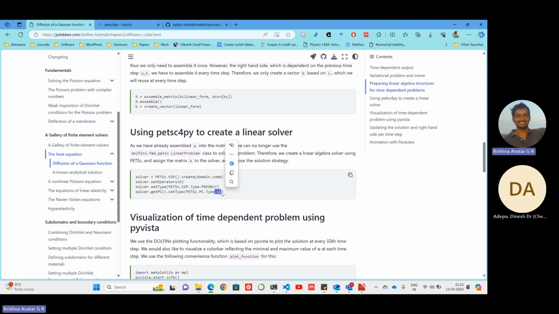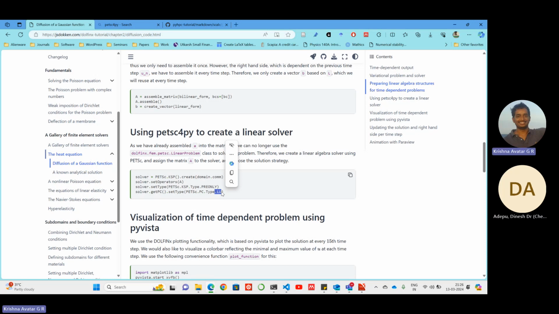Say if the condition number of A is very poor... sorry, it's the other way around. If the condition number of A is very high, the condition number of a square matrix is defined as the ratio of the largest eigenvalue to the lowest eigenvalue.